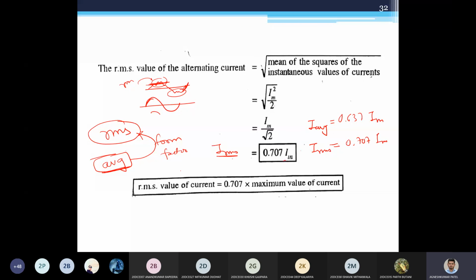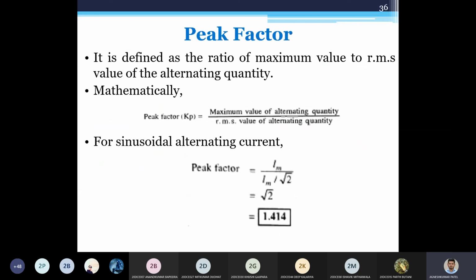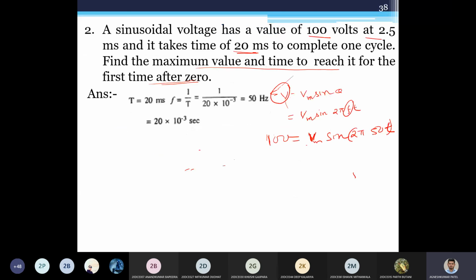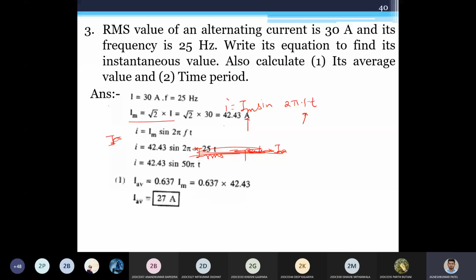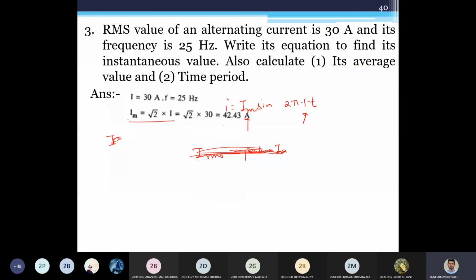IRMS is equal to 0.707 into Im, and the same equation we have used over here, but instead of 0.707, we have written it as root 2. So IRMS is equal to Im divided by root 2. This is the equation, and I am going to find Im. So Im is equal to IRMS into root 2. The RMS value is given as 30, into root 2 is 42.43 ampere. This is my maximum value or peak value, you can say.